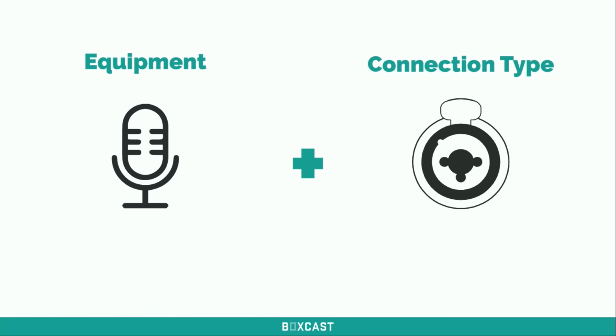Yeah, absolutely. The reason I told you that equipment and connection type are the two most important things when it comes to selecting the right piece of equipment with the right connections is because that can make or break your live stream or podcast or whatever you're doing.